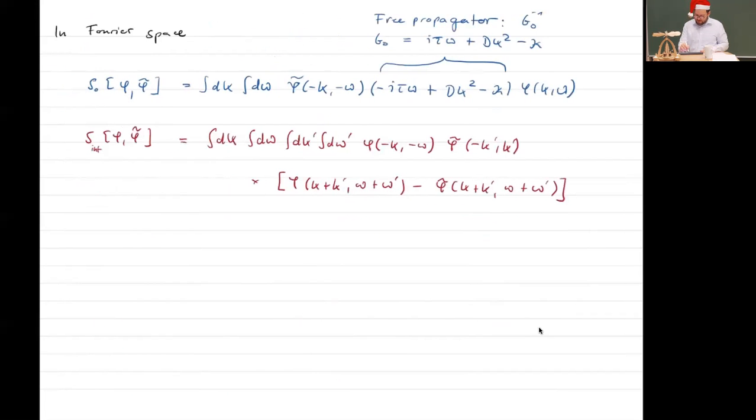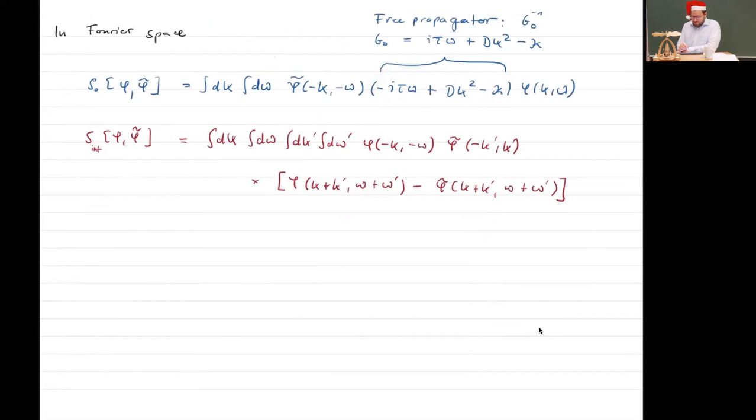So here we have the action in momentum space, and the free propagator is just the inverse of what is in between, the second order part of the action. It's the same as in quantum field theory or statistical field theory.